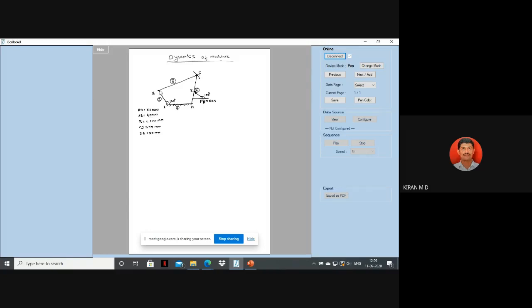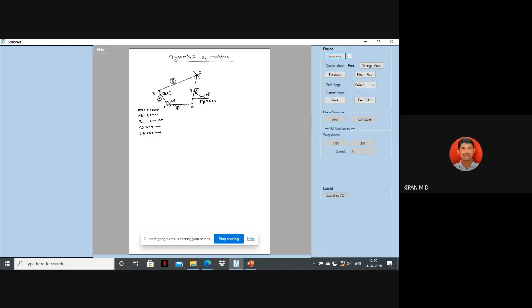So this is the figure you will get in the problem. Now by using this we need to find the torque to maintain the equilibrium of the mechanism. This torque T2 means the torque on link 2. The 2 indicates the torque on link 2. We need to find this.